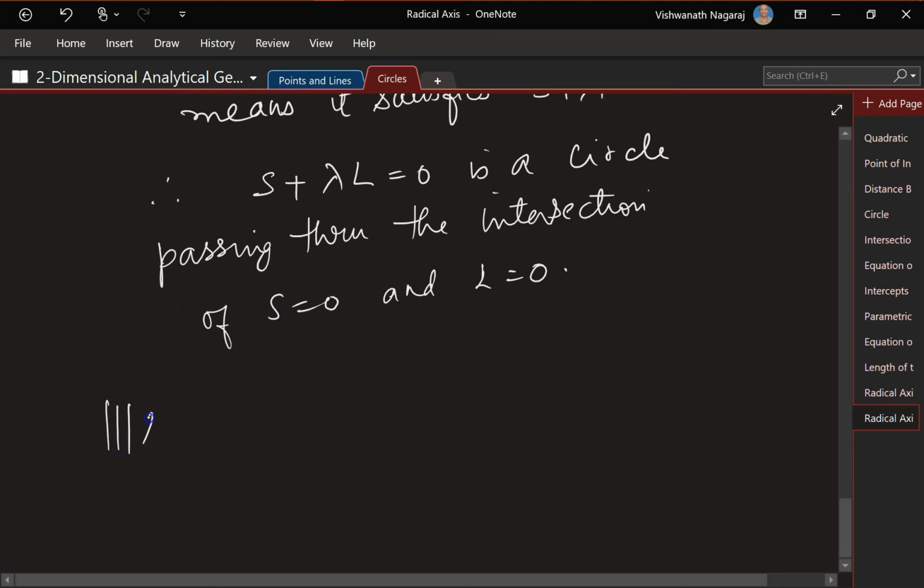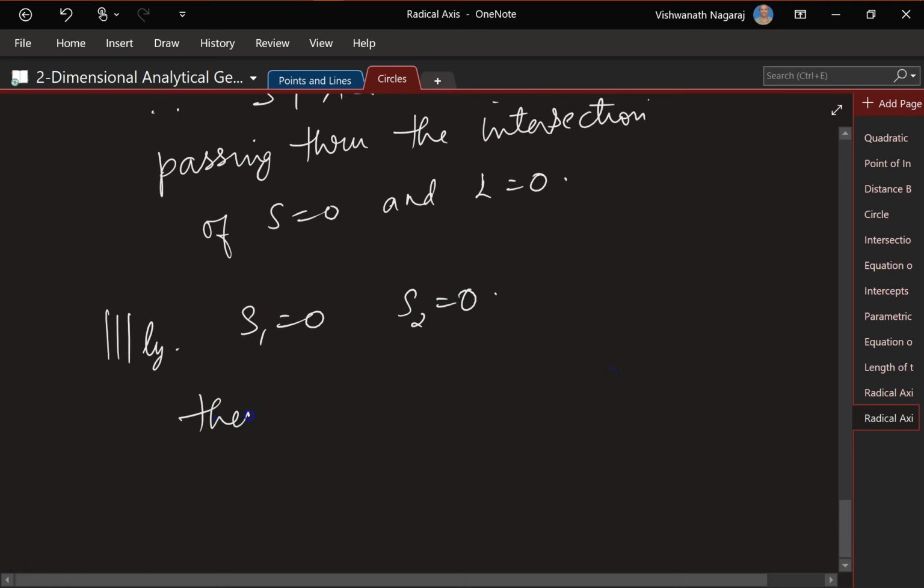Now let's say similarly S1 equal to 0 is a circle, S2 equal to 0 is a circle, then S1 plus lambda S2 equal to 0 where lambda is not equal to minus 1 is also a circle.